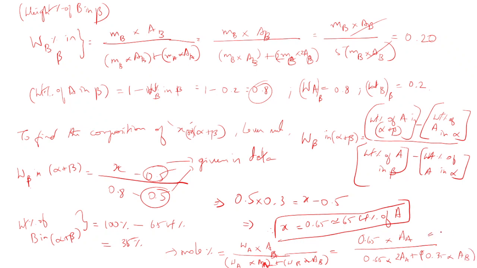So our final answer in terms of mole percentage will be 0.5 moles of A in X. So this is the final answer, where X is alpha plus beta.